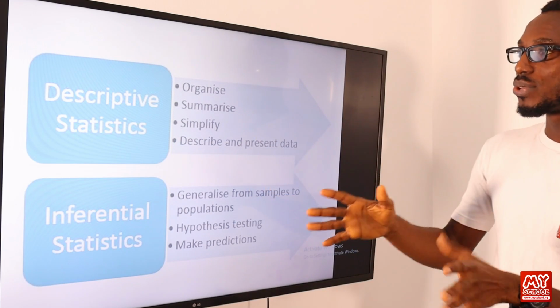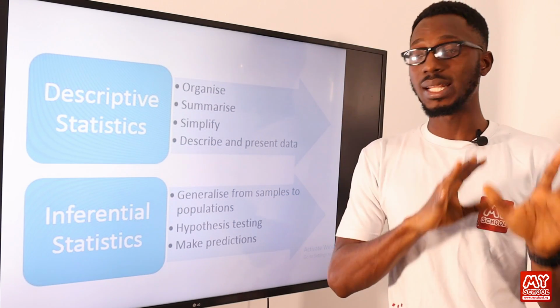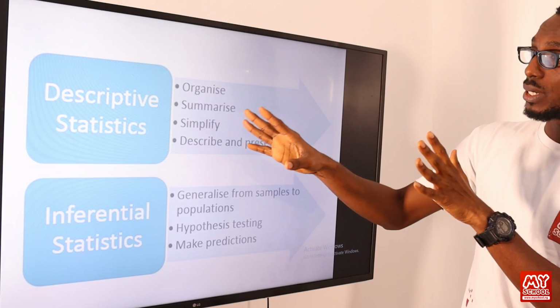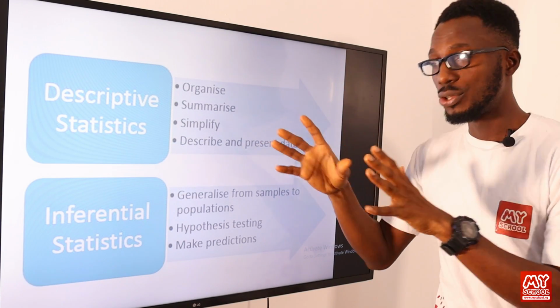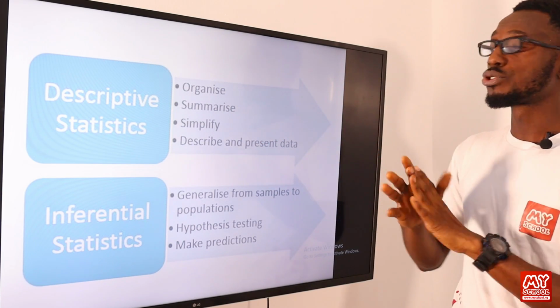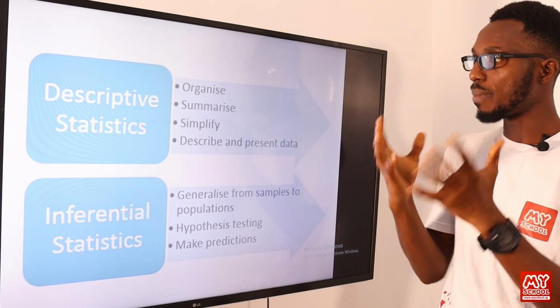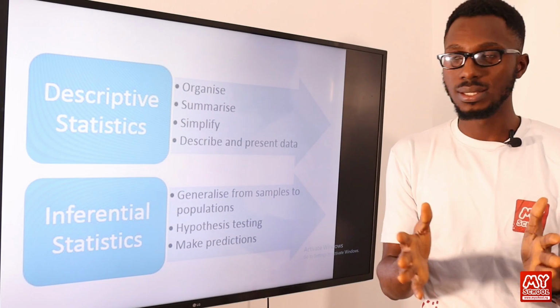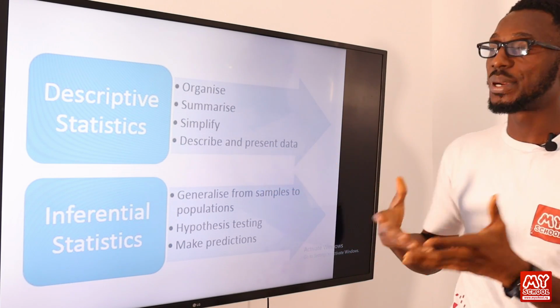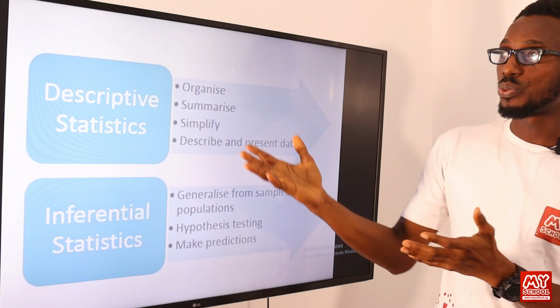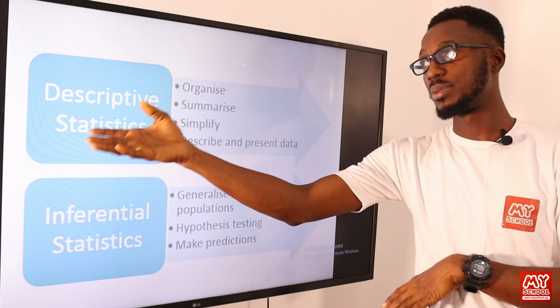What do we use the descriptive and inferential statistics for? For the descriptive, you want to organize your data, you want to summarize it. You have such a large amount of data, you want to summarize it. Then you want to simplify it. Then you want to describe and present the data. That is where descriptive analysis comes in, from the word descriptive, describe.